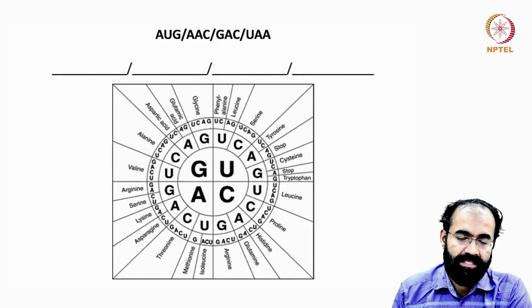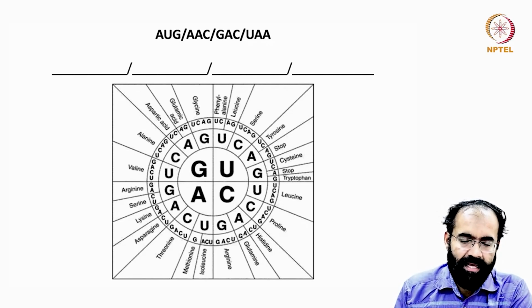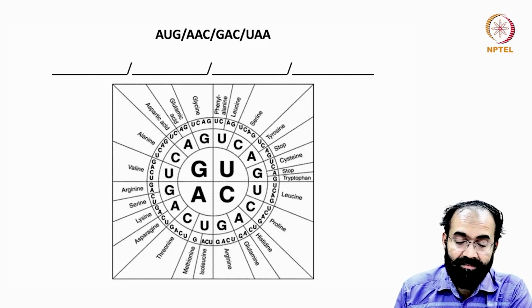This is the first one, second one, and the third one. GCG, one codon, GCA, another codon, GCC, another codon, GCU, another codon. They all bring in alanine, and like that you can go valine, arginine, serine, like that. So for arginine you have AGG, AGA, but arginine can have codons elsewhere also.